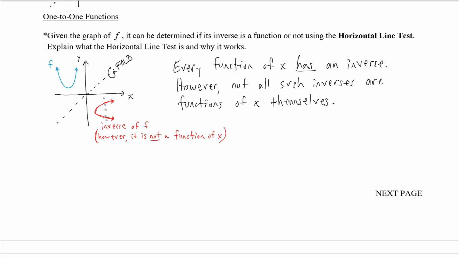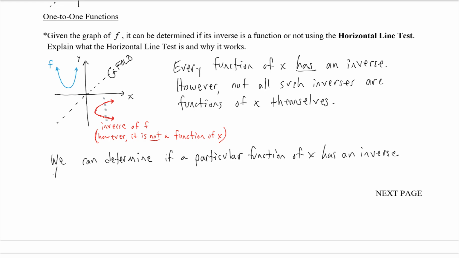So we can determine if a particular function of x has an inverse that will also be a function of x by using the horizontal line test.